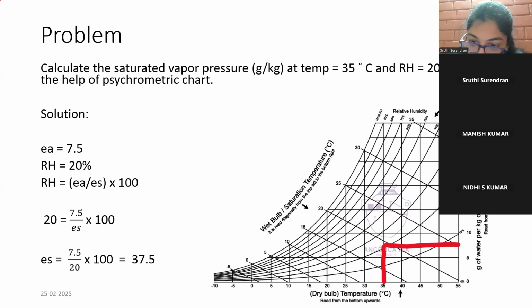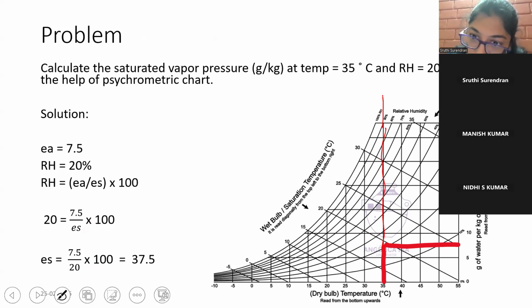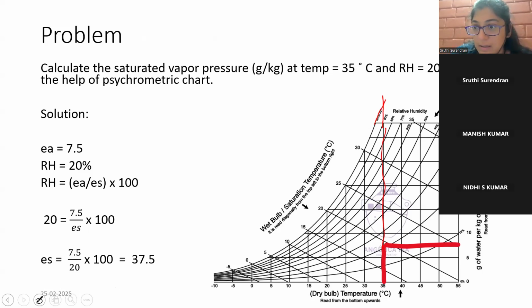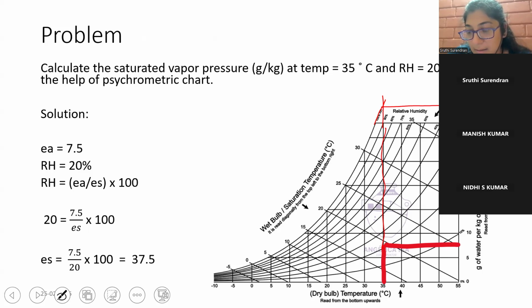So for 35 degrees Celsius, if you trace this line and extend this curve over here, and then finally extend this line to this axis, here it is 30, maybe somewhere here it will be 35, and somewhere here it will be 37.5. So using the psychrometric chart also, you can find the saturated vapor pressure. Using this equation also, you can get a more accurate value of it.